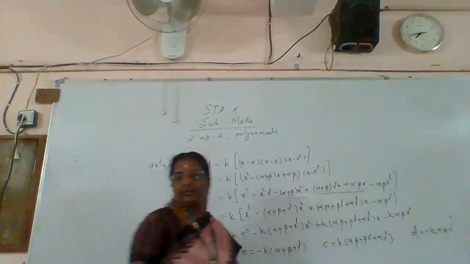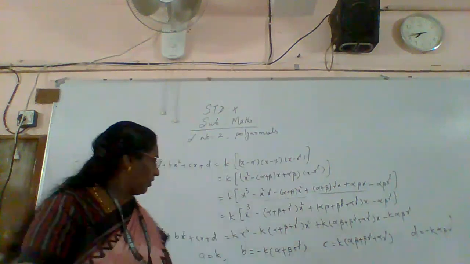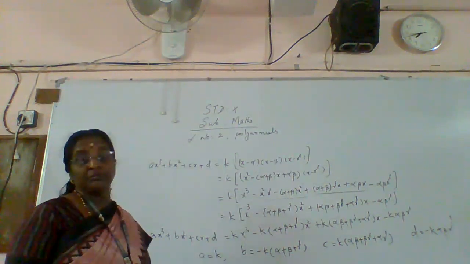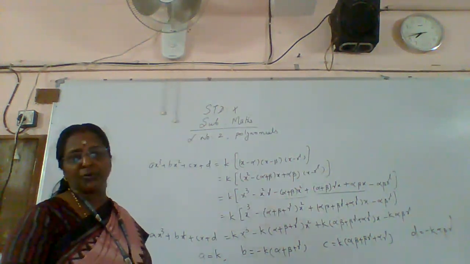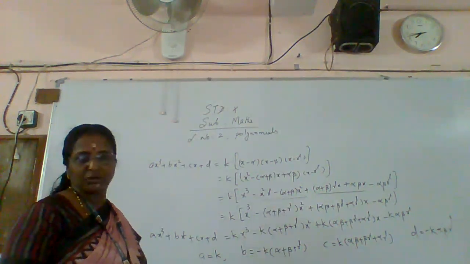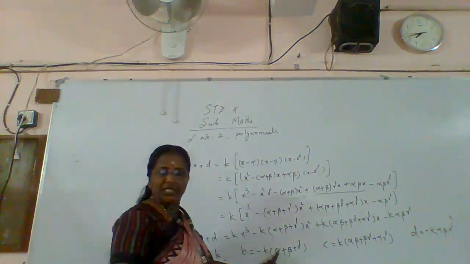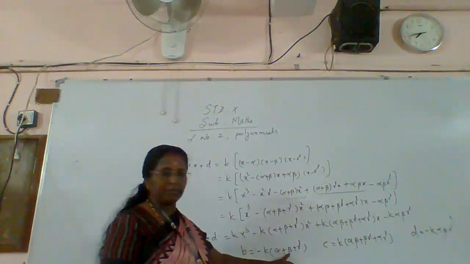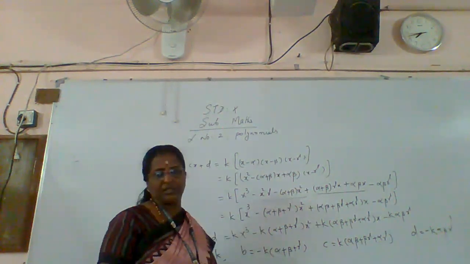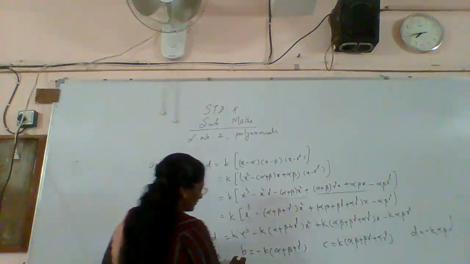Now we want to find the relation between the sum of the zeros and the coefficients. Alpha plus beta plus gamma is the sum of the zeros, so I will take this term first.